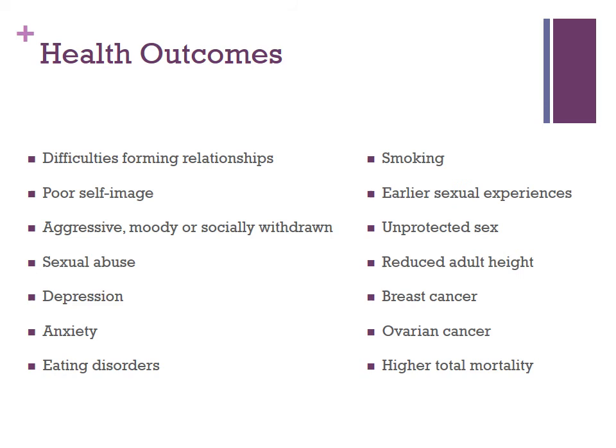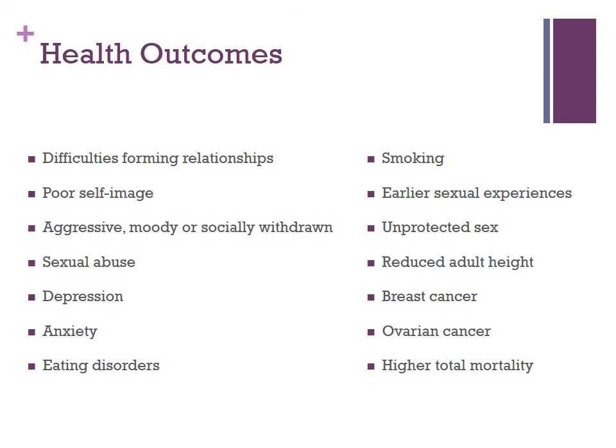Numerous cross-sectional, case-control, and cohort studies have also found that early pubescent girls suffer from higher rates of sexual abuse, depression, anxiety, and eating disorders. They are also more likely to engage in other risk-taking behaviors such as smoking, earlier sexual experiences, and having unprotected sex.